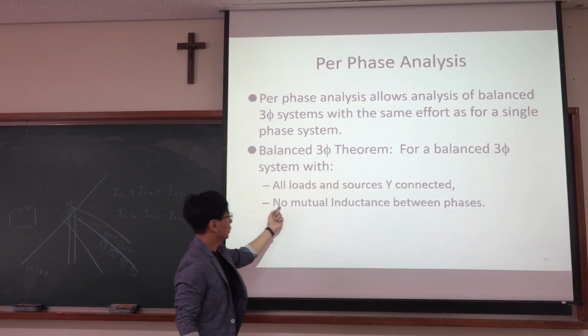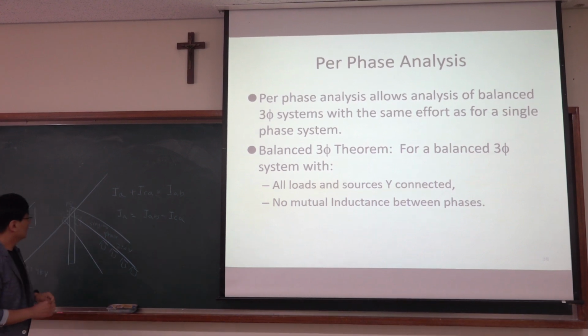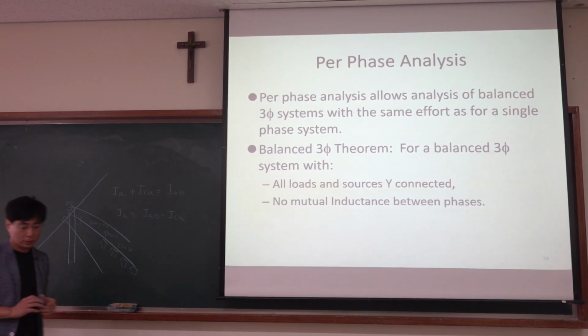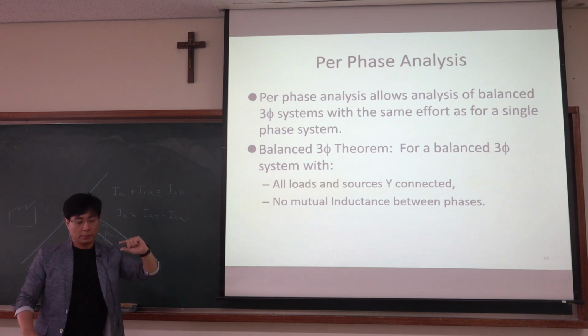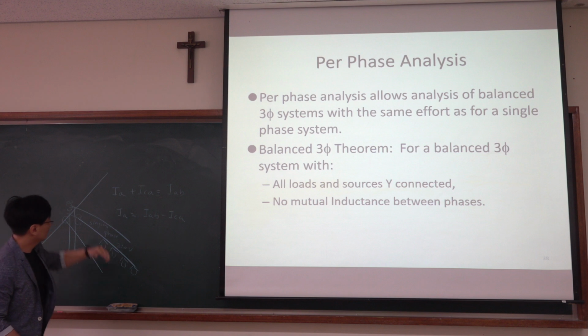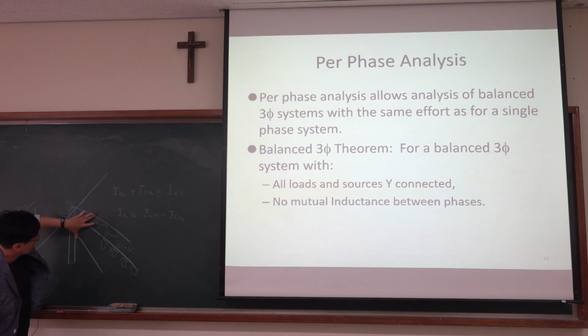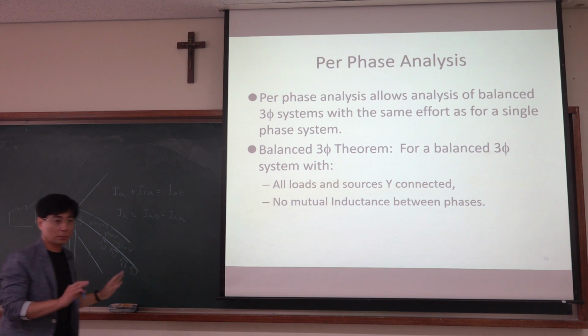Another assumption is no mutual inductance between phases. In reality, we didn't discuss that, but we have a transmission line and we have a ground. Then there is some parasitic capacitance. And also there is a mutual coupling between this line, that line, and this line. But we ignore this part now.